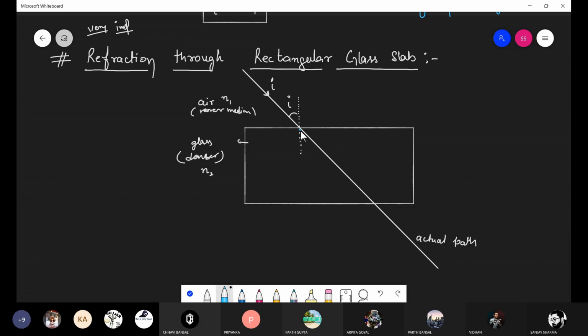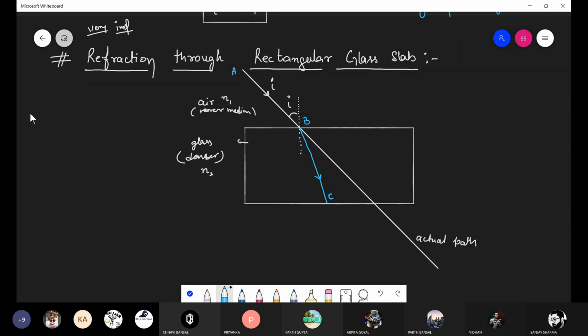So this light ray will bend towards the normal. Here AB is the incident ray and BC is the refracted ray.